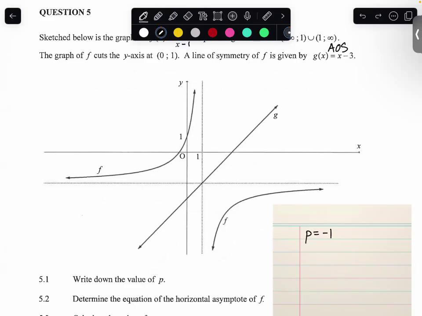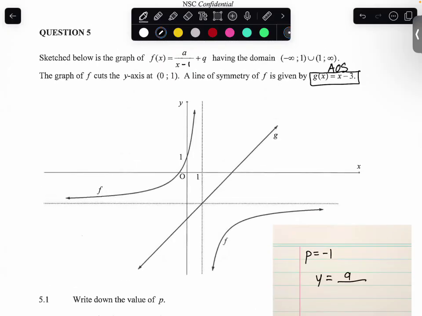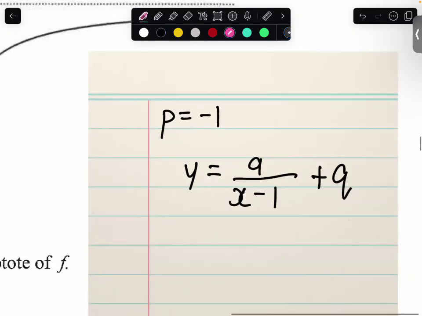Now, to get the horizontal asymptote, we're going to use this axis of symmetry. Normally, when we are trying to get the axis of symmetry, we use the bean method. So we have y is equal to a over x minus 1 plus q. And to get the axis of symmetry, we use the bean.